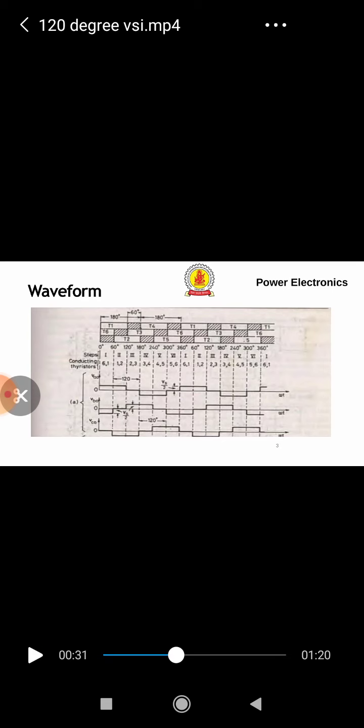At omega t equal to 300, T4 is turned off, then a 60-degree interval lapses before T1 is turned on. The second and third rows follow in the same way. We see in the waveform VAO, VBO and VCO for each step.